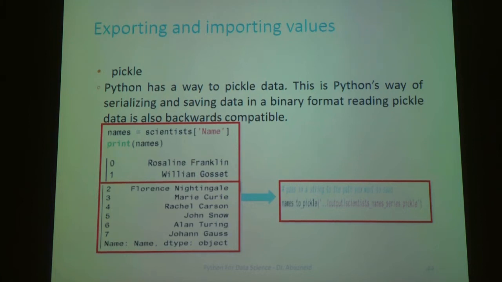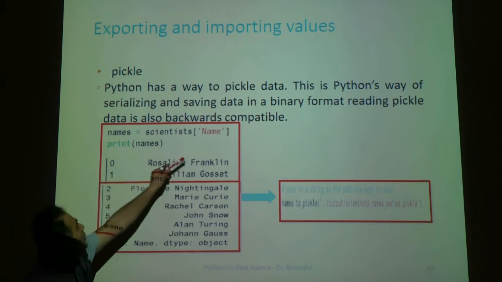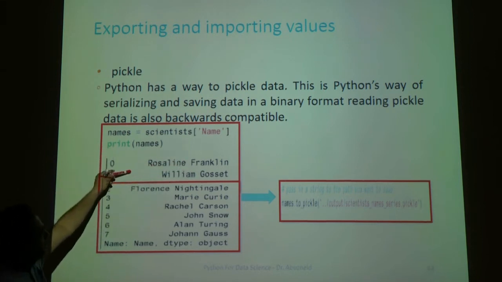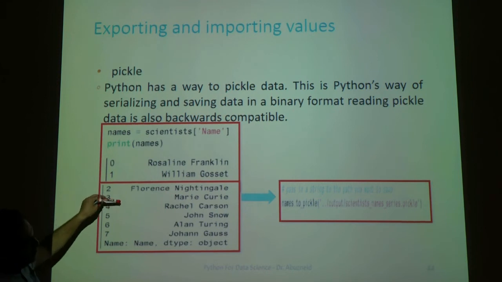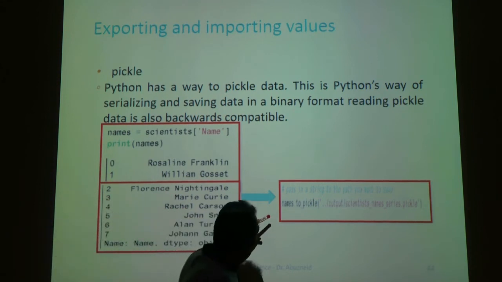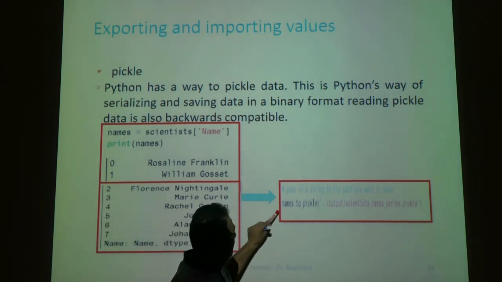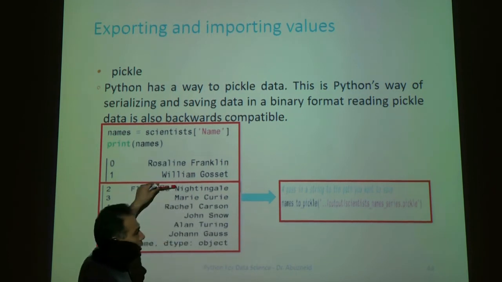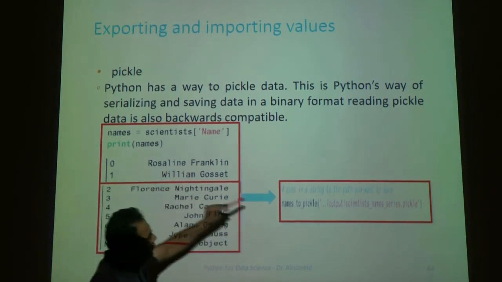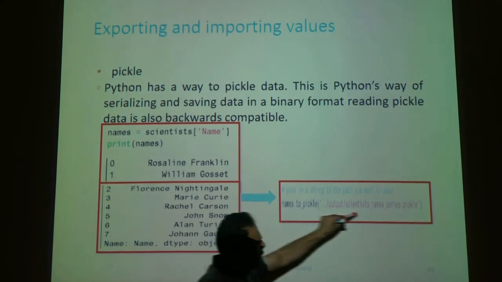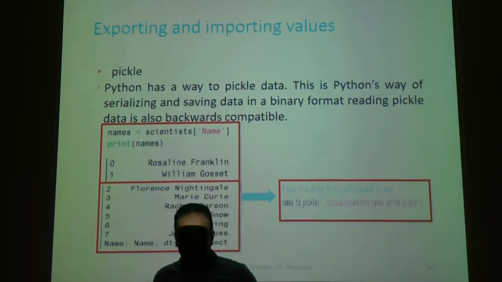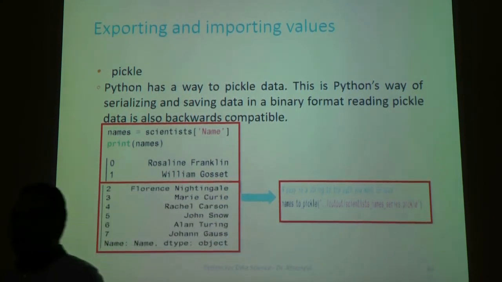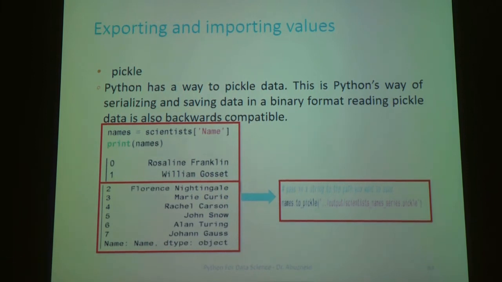So basically in here, scientists names, print names in here, you could do to_pickle on names, which is a smaller data frame I created. You put the path where you want to save it. You just have to give the file an extension such as .pickle, .p I think, or .pk.